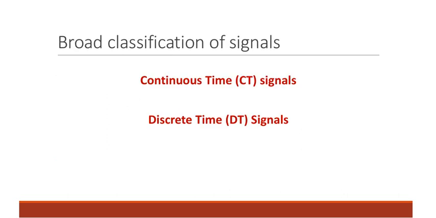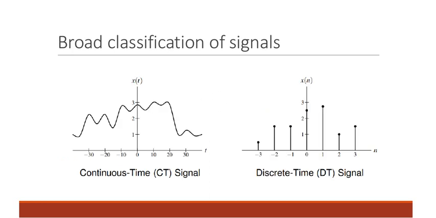Now, let us understand the broad categories of signals. Signals are basically categorized into continuous time signals and discrete time signals. So let us understand CT and DT signals. Look at these two waveforms to help us understand the signals.